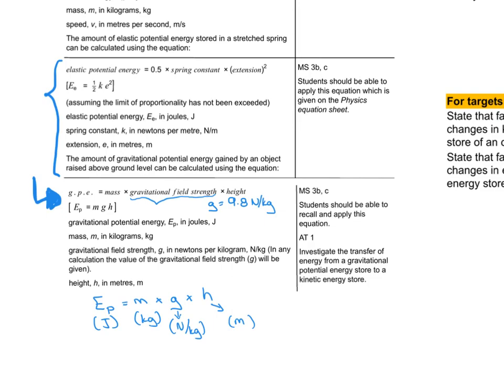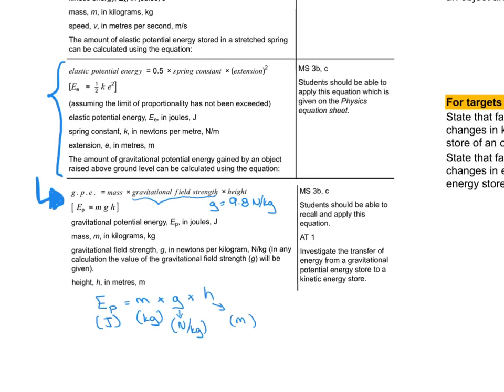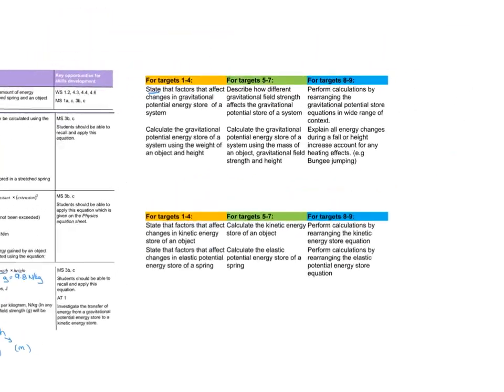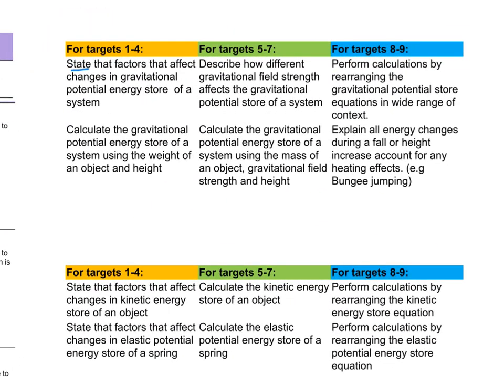You should be able to recall this and easily calculate gravitational potential energy if you're given the mass, gravitational field strength, and height, or if you're given the weight of an object and the height.